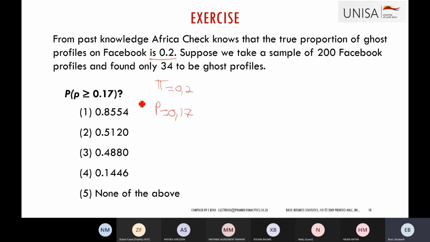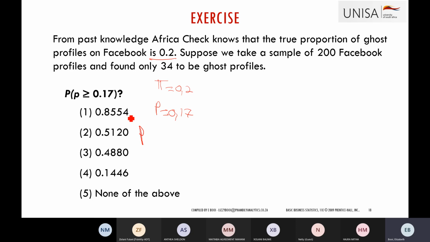So we calculated the sample proportion previously. I'm not going to go back there. We found that it was 0.17. So now we know that we're using the same question as we did with the previous exercise. The question is asking us to find the probability of more than.